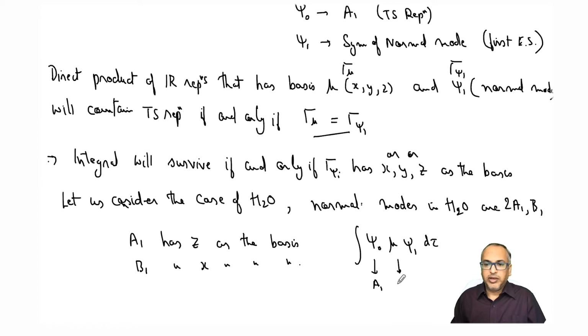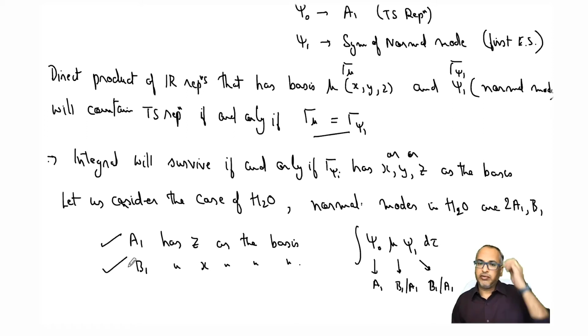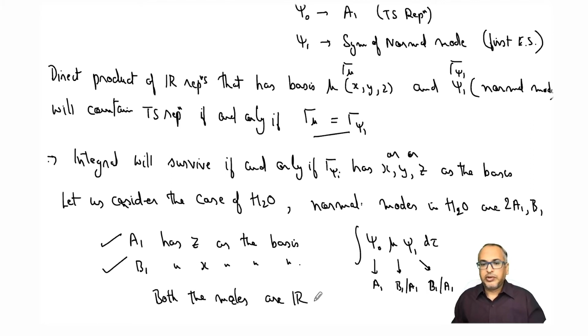Mu will have b1 or a1, whether you are taking the x or z component, and psi 1 has again b1 or a1, depending on which mode you are taking. So in this case, both the integrals will survive. That means this is IR active, and this is also IR active. So both the modes are IR active.